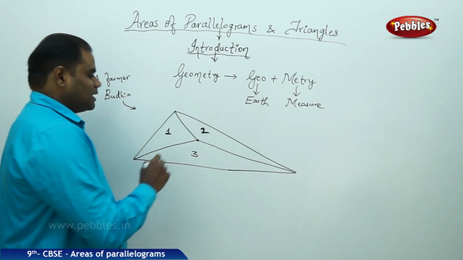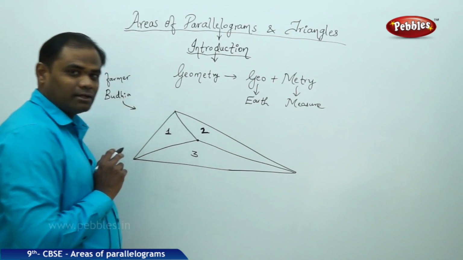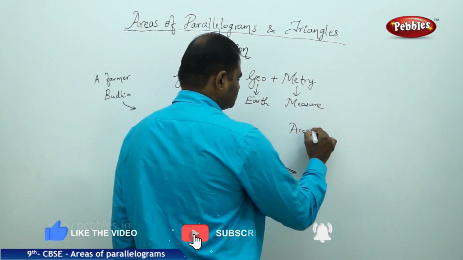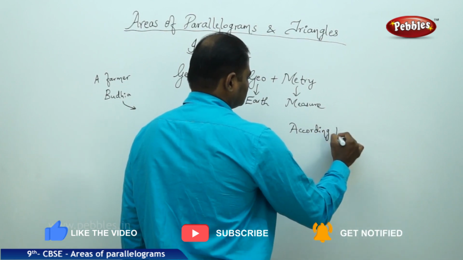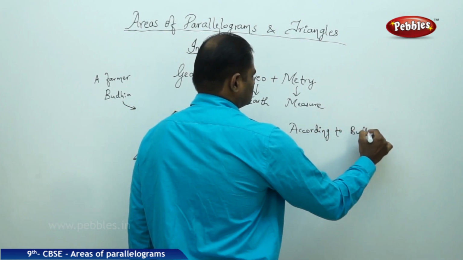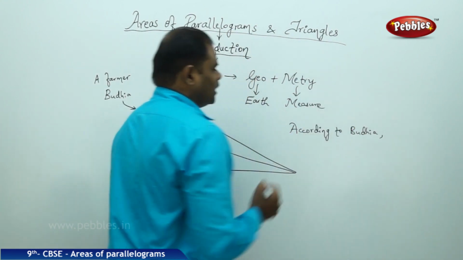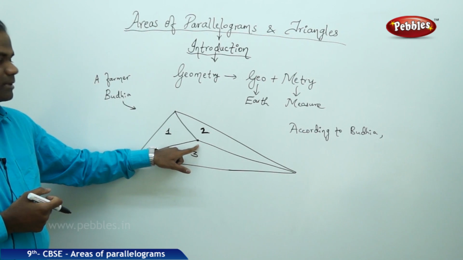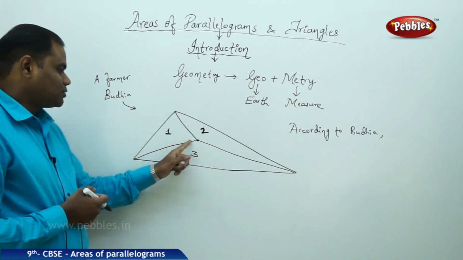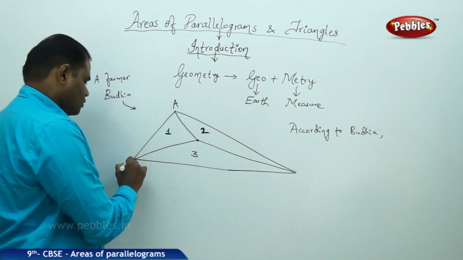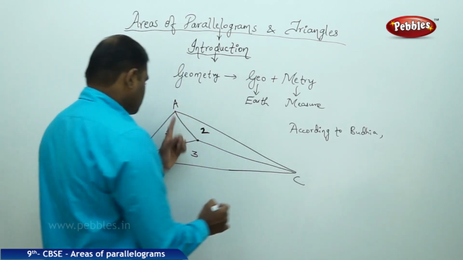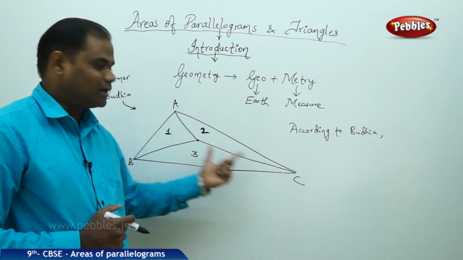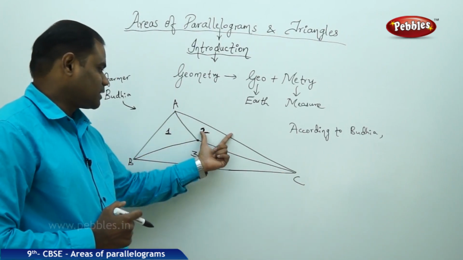Now he assumes that these three areas are equal. According to Budhia, from his estimation of the center, the approximate cutting of the land to each of the vertices of his agricultural land, A, B, C, divides the whole triangular piece of land into three parts: first, second and third.